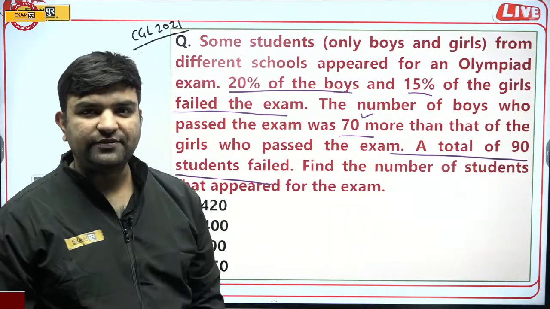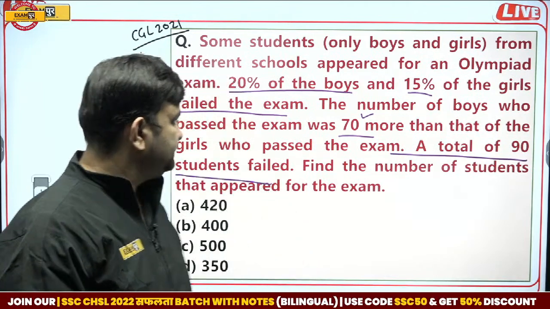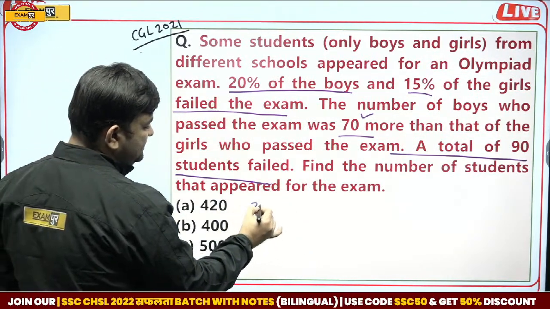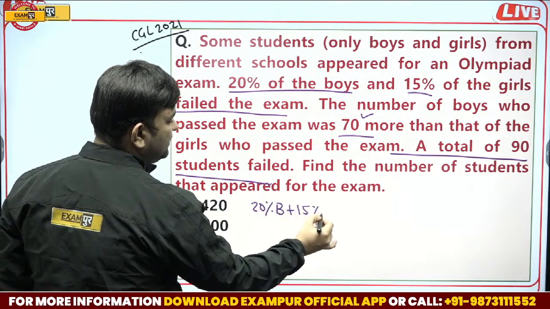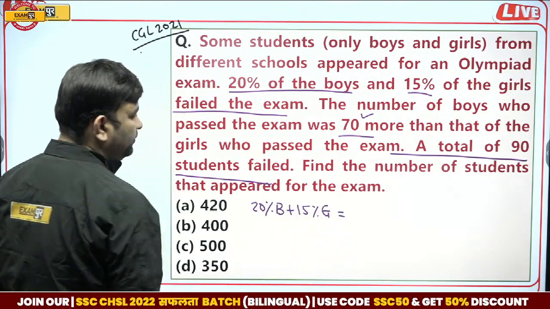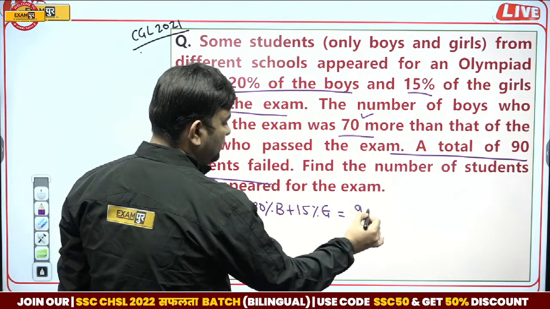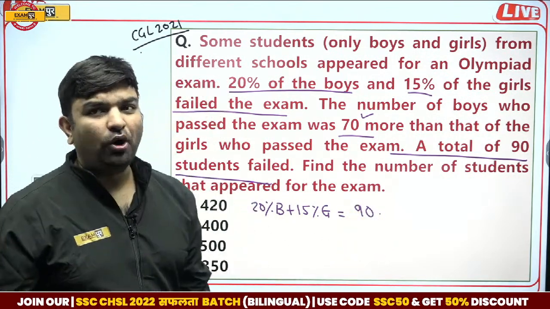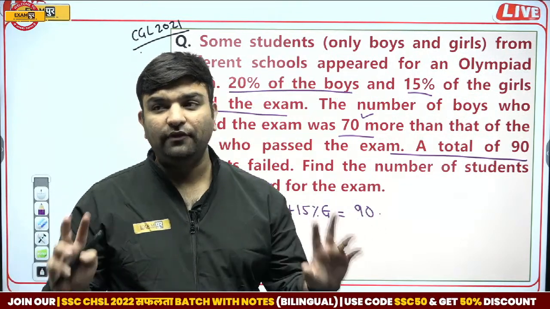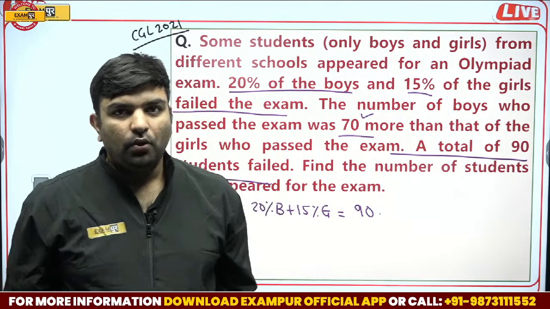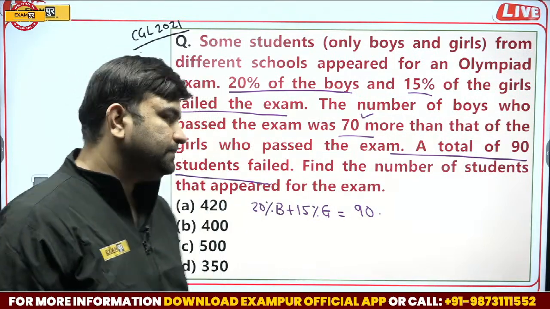So 20% boys plus 15% girls is equal to 90, because 20% boys and 15% girls failed, and their total is given as 90. One equation formed.